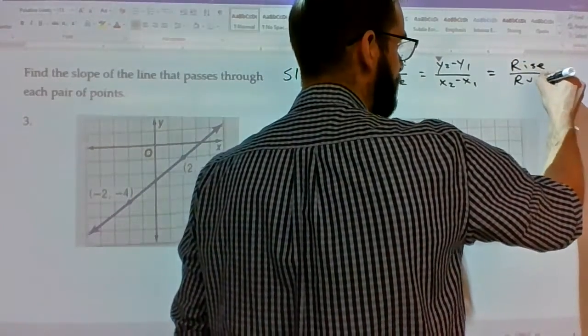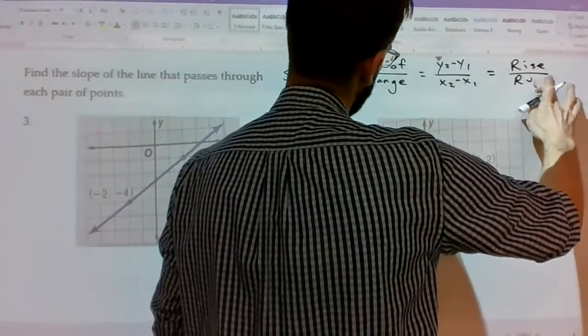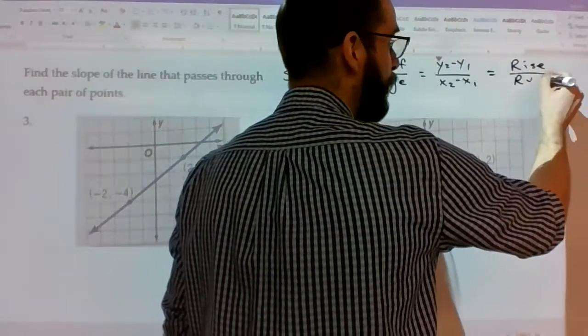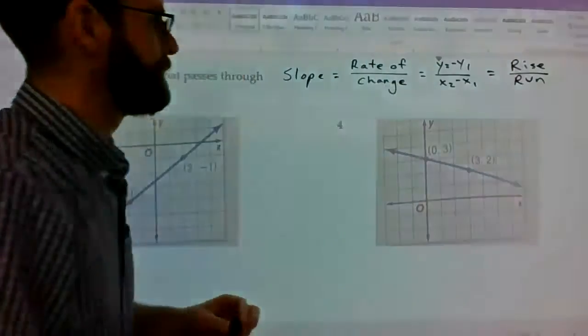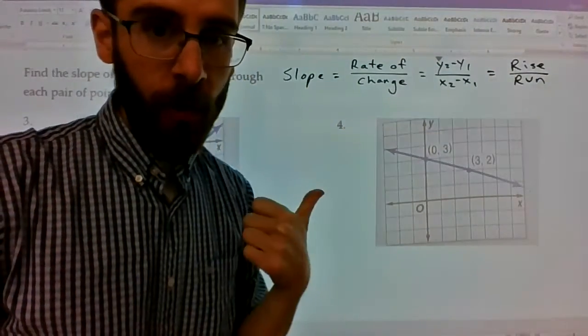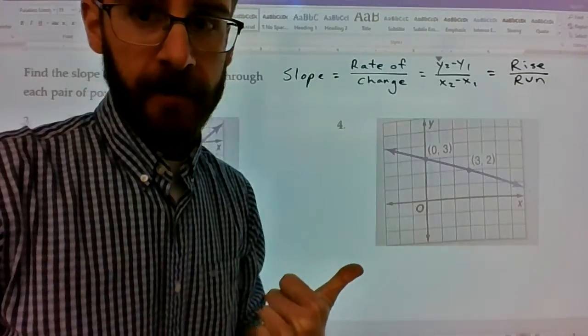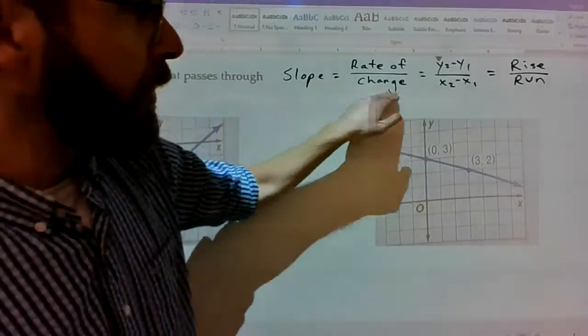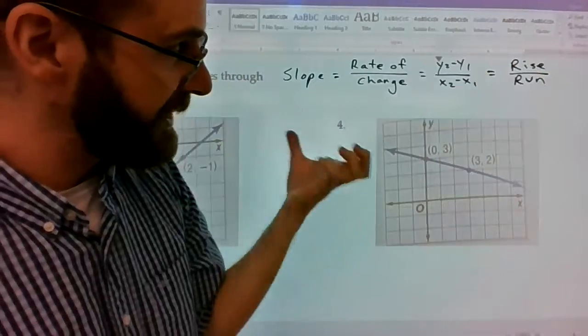If you understand this connection, you are way ahead of the game, okay? These four things are all connected. They're the exact same thing.